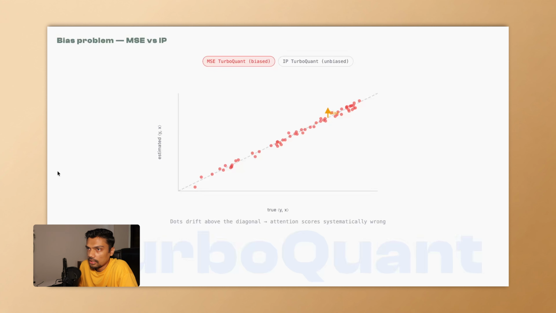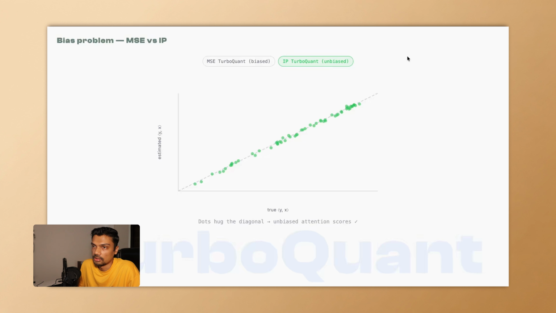Concretely, consider a 1-bit quantizer with centroids at negative alpha and positive alpha. If x_i is greater than 0, we map it to positive alpha, but the true value might be anywhere between 0 and 1. The inner product estimate y_i times alpha can be systematically off from y_i times x_i, depending on the distribution.